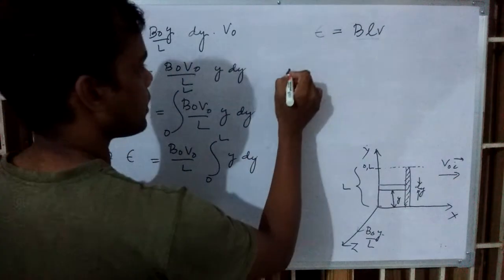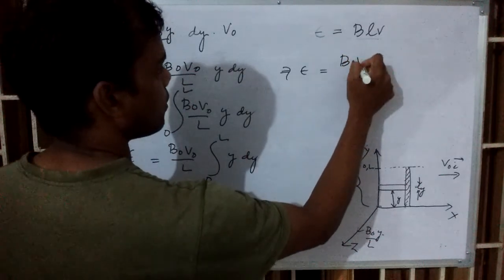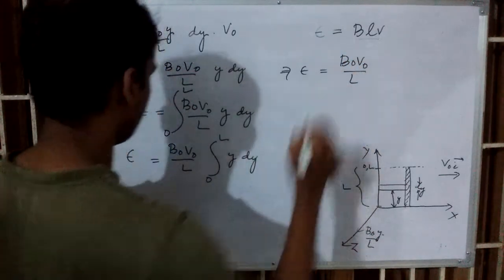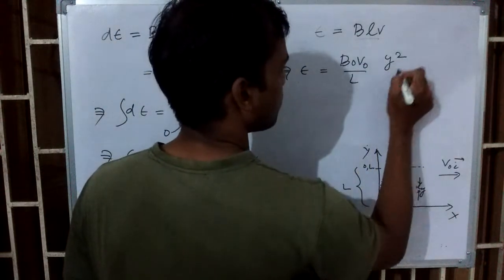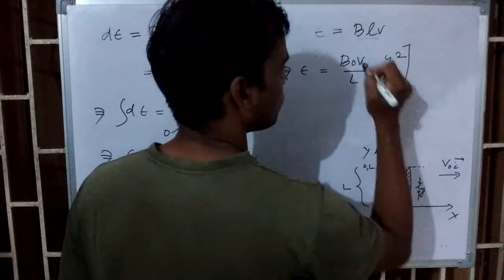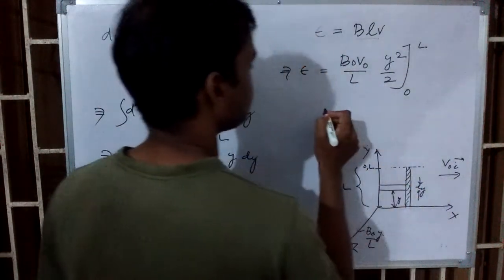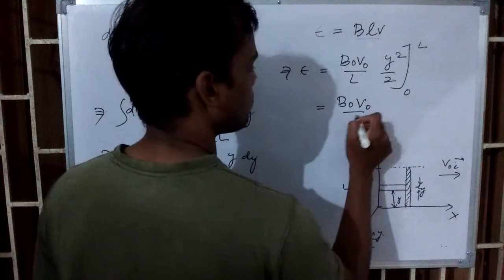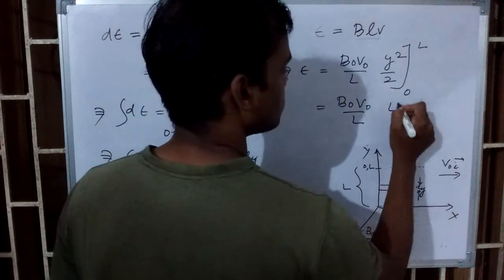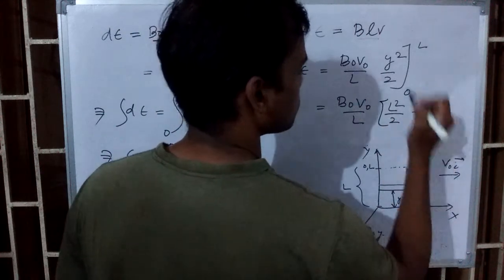This implies epsilon is equal to B naught v naught by L, and integral of y dy is y square by 2, from 0 to L. So this is equal to B naught v naught by L times L square by 2 minus 0.